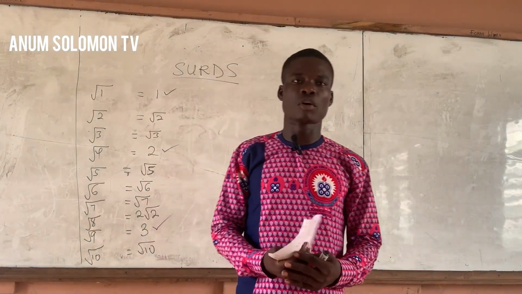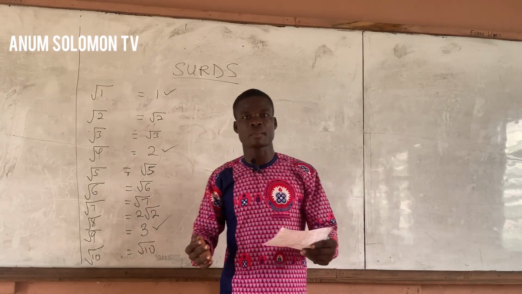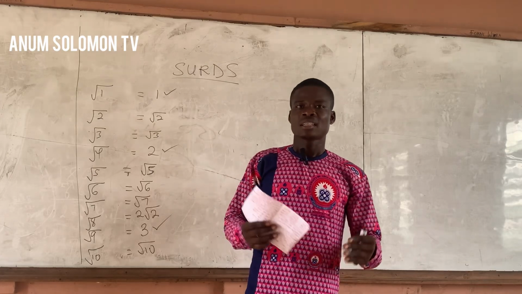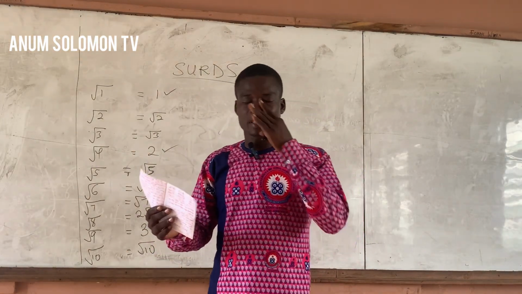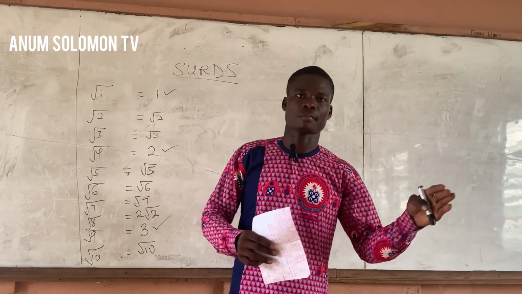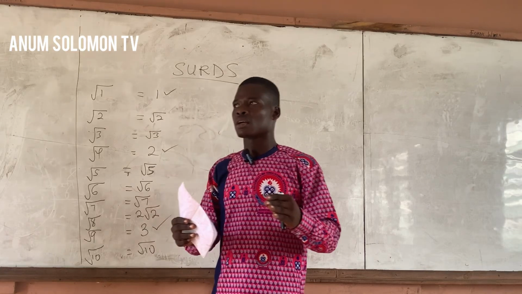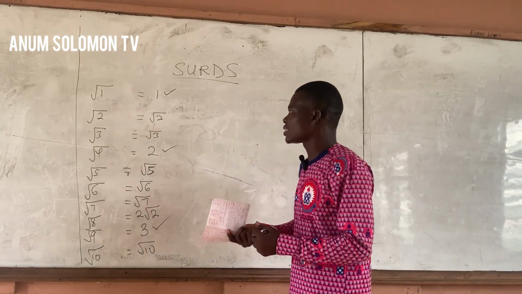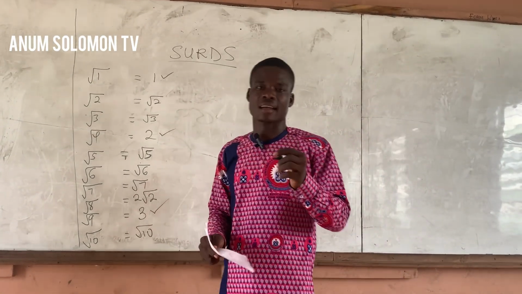So now let's move on to the basic form. When you say a surd is in basic form, it means that the surd cannot be simplified to its lowest form. And a surd is said to be not in basic form when it has a perfect square as a factor.